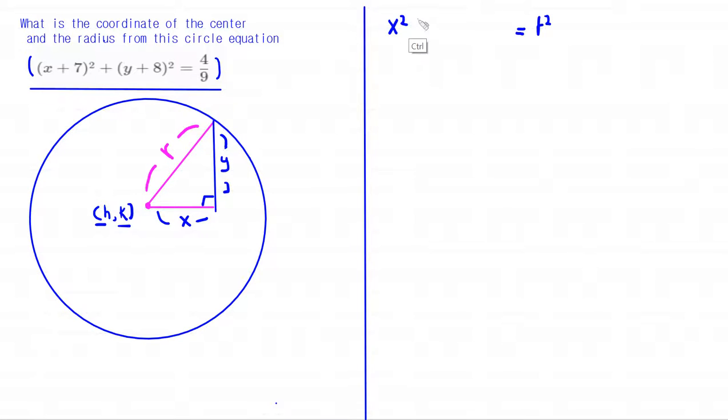I need to write r squared a little bit on the left side.